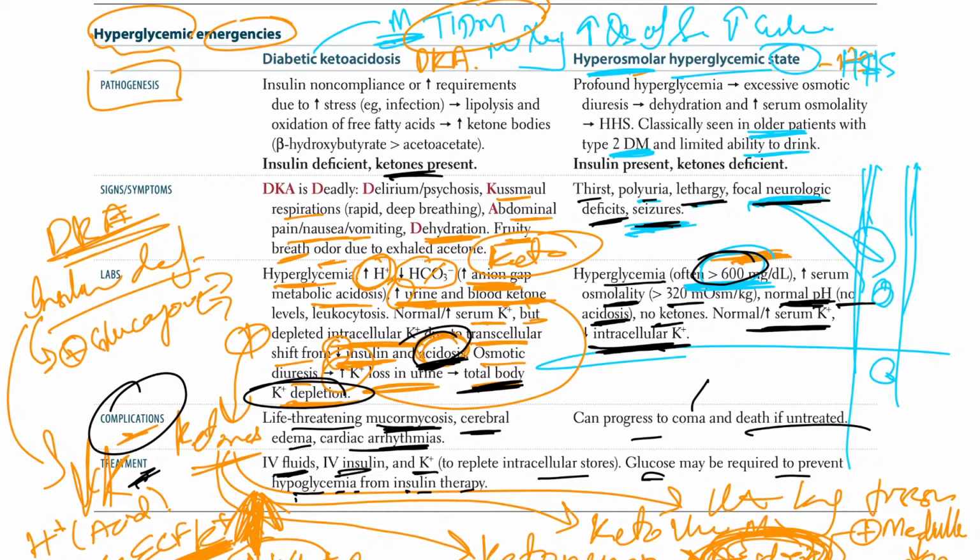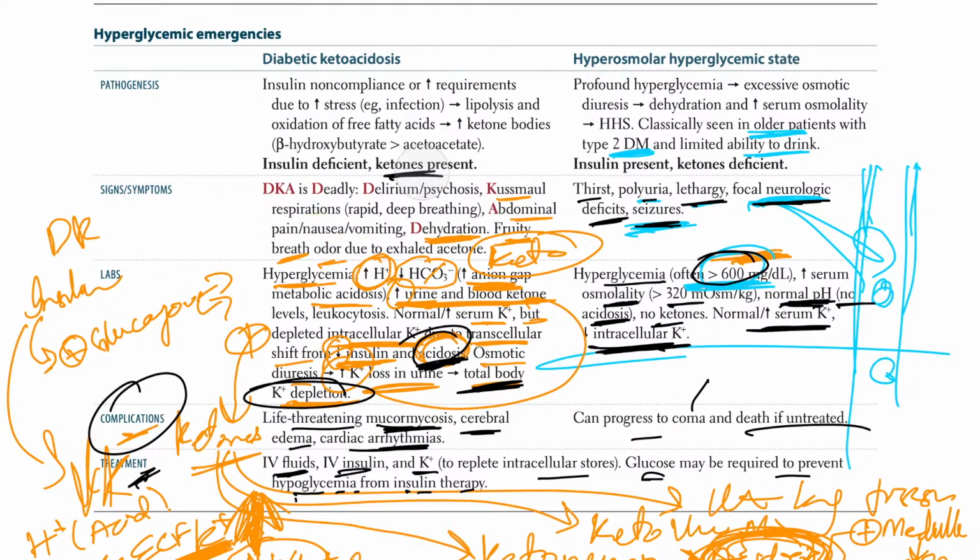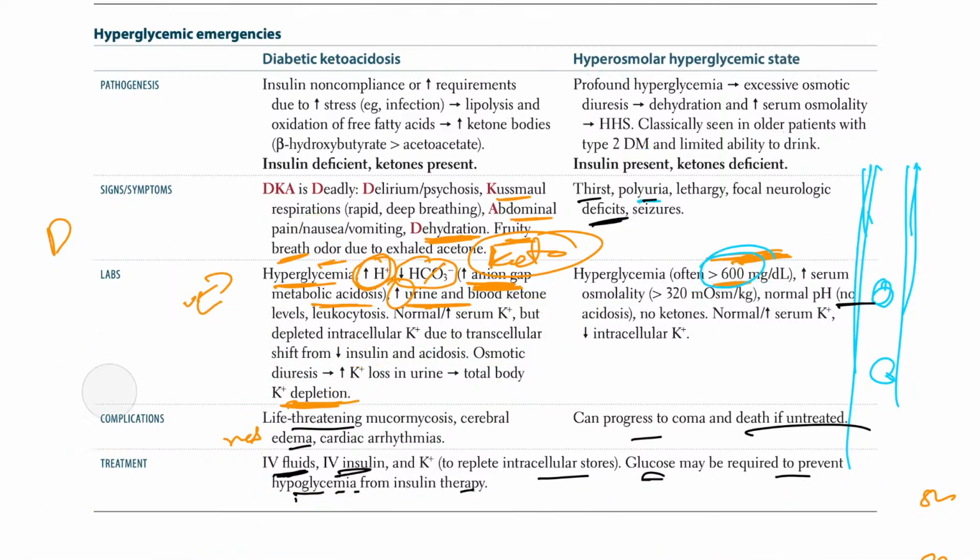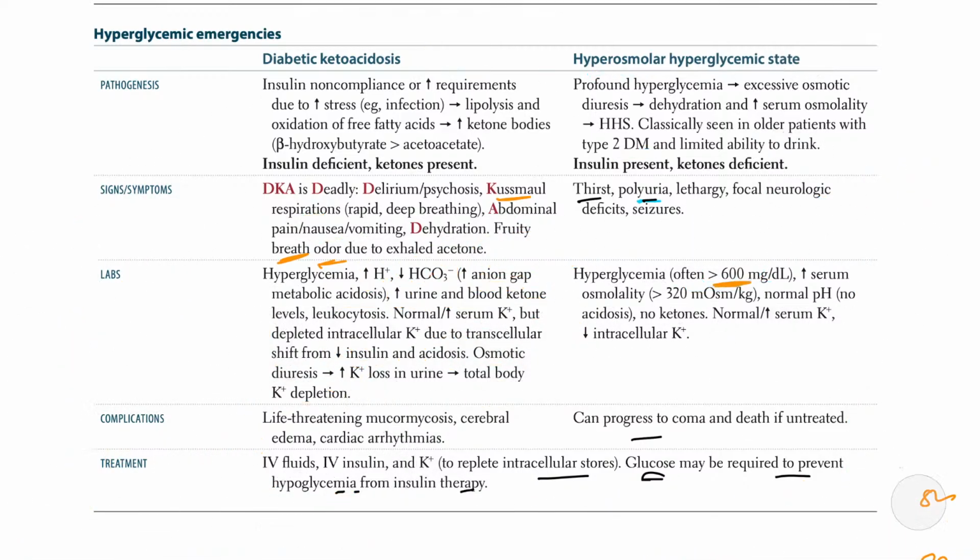Treatment, again, same treatment. So what are the common things? Let me erase all this and go with the summary here. What are the things that we might see just with DKA?